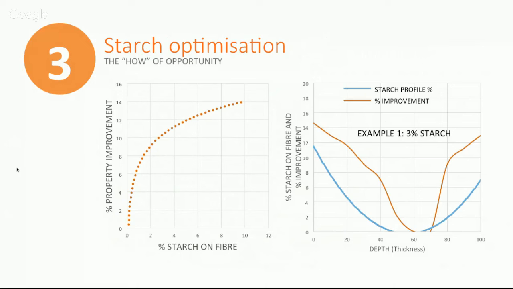So it goes from 12% at the edge, it goes to 0 around the middle of the sheet, and it's not symmetric in this case, so the blue line only goes to about 7% on the back of the sheet. Now the brown line represents the percent improvement that we would expect to get from that blue line, or the concentration of starch within the sheet. So again, you can see that it's not absolutely symmetric.